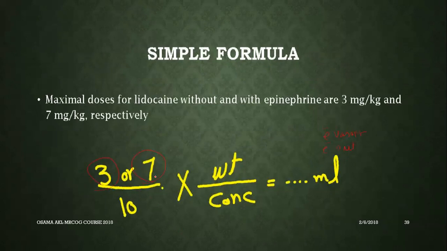How to choose 3 or 7: if you are going to use local anesthesia without vasopressor, you will use 3. If you are going to use local anesthesia with vasopressor, you will use number 7. So 3 or 7 over 10 multiplied by body weight over concentration.